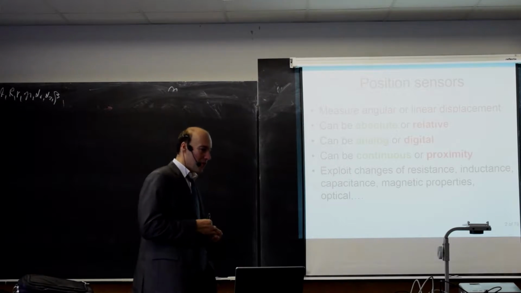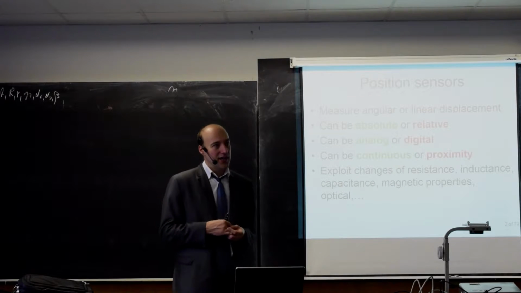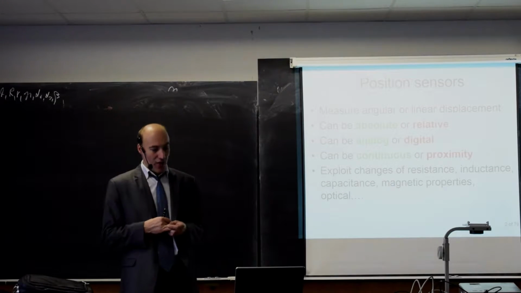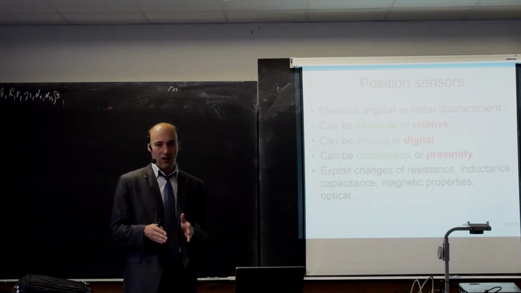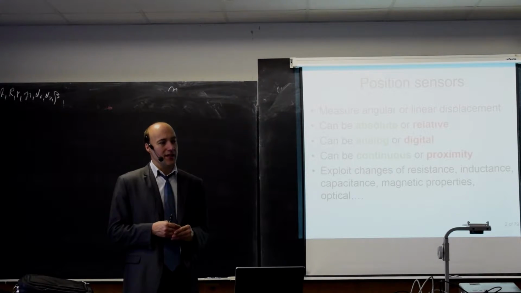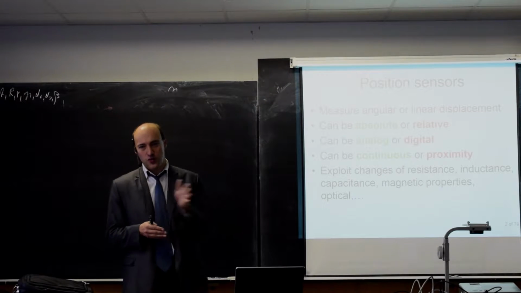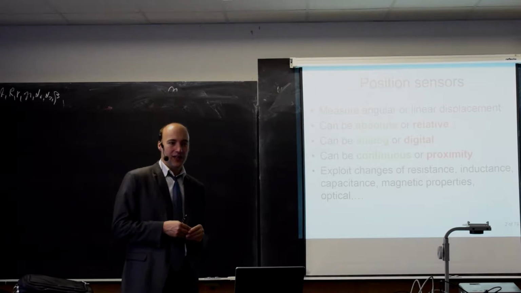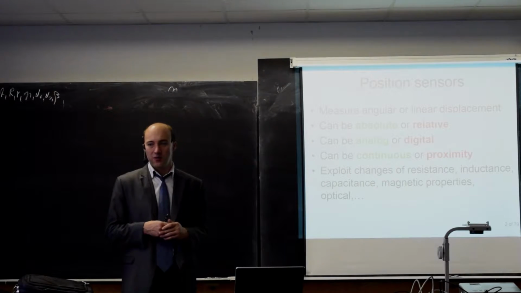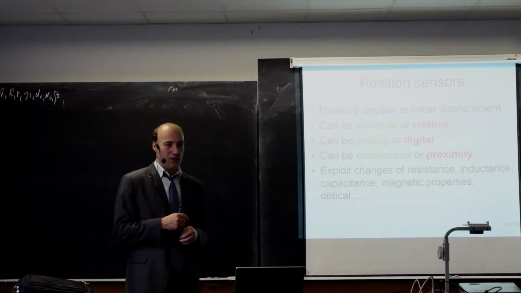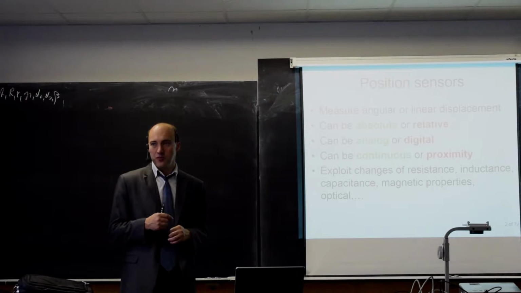An example from home appliances, you can find relative sensors, for example, in inkjet printers. When you start the inkjet printer, the printer head moves to a reference position. It sets 0 by an end switch, either mechanical or optical, and then there is a relative sensor that counts the pulses.